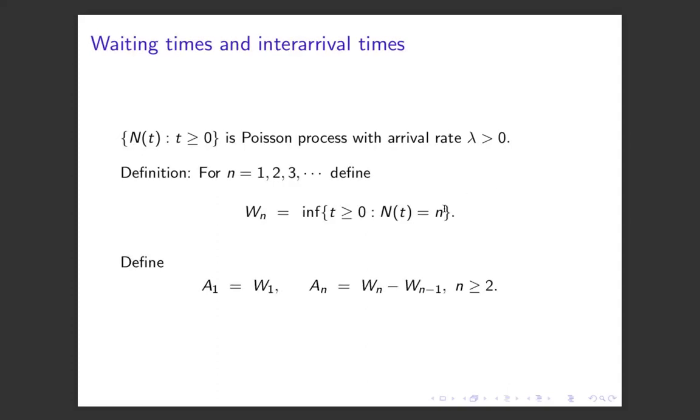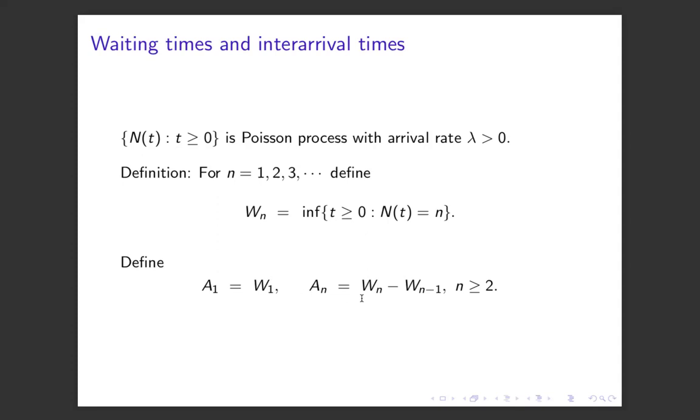We also define A sub 1 as W1 and A sub n as Wn minus W(n minus 1). So W sub n will be the time at which the nth event happens, and of course the first event happening is the same thing as the arrival of the first event.